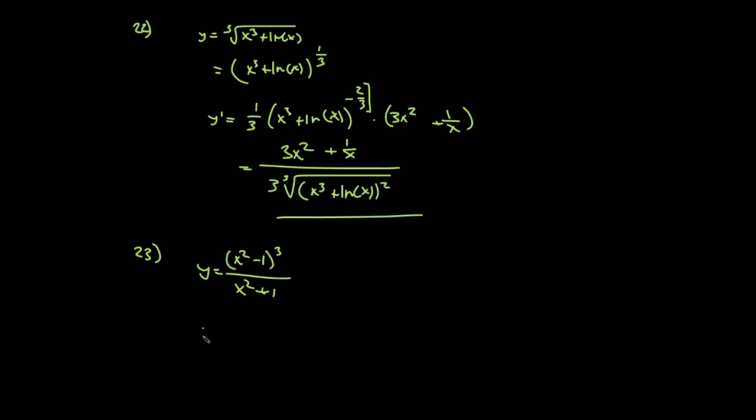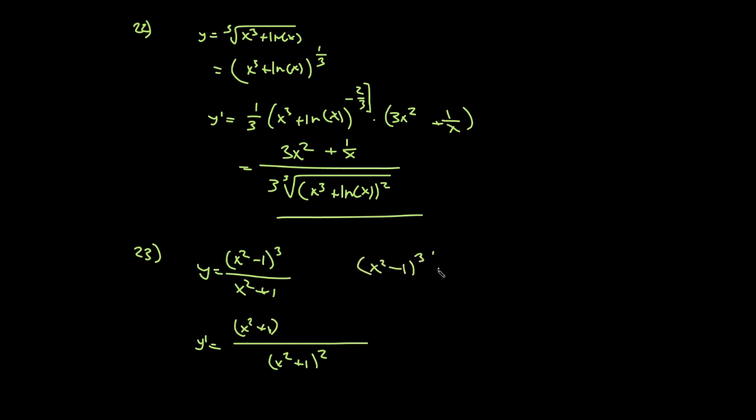I think we'll just have to do the quotient rule. So the quotient rule, first of all, that's x squared plus 1 all squared. Leave the bottom part the same, multiply by the derivative of the top part. So let's actually work that out separately.